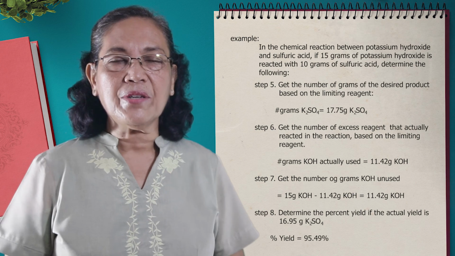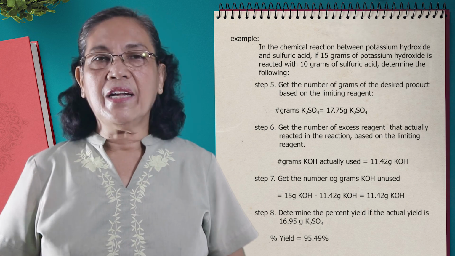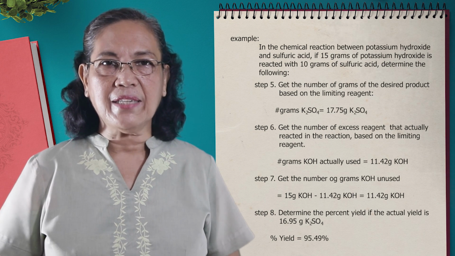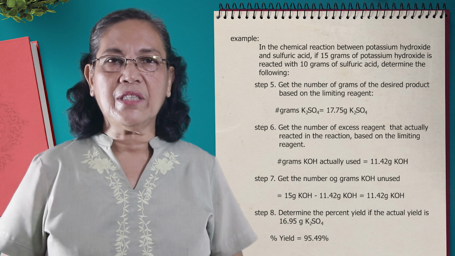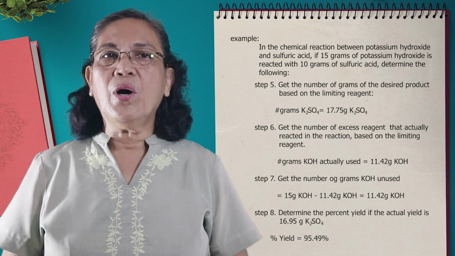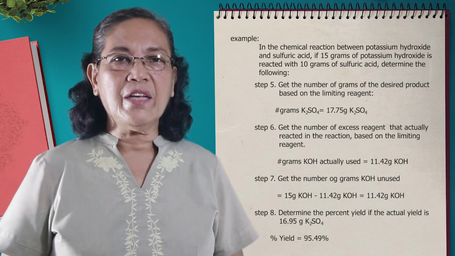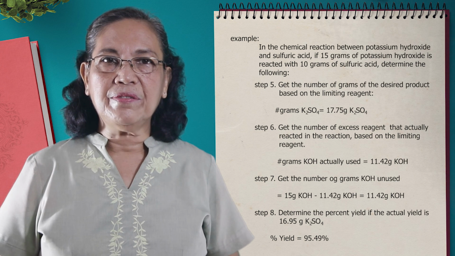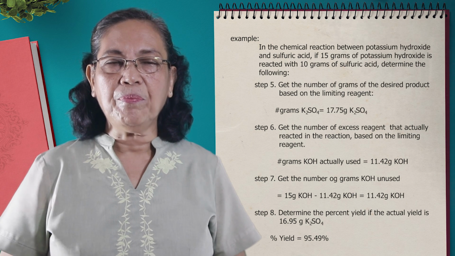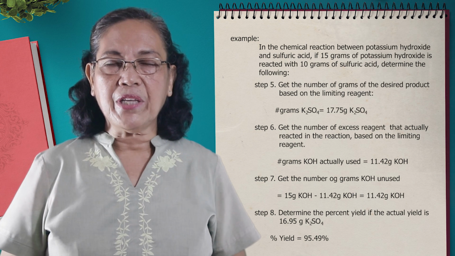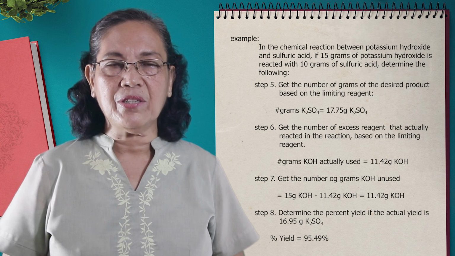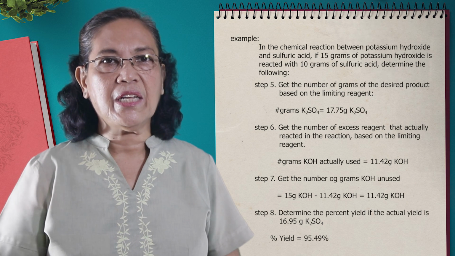Now, we are also asked to get the number of grams of the excess reagent actually reacting. In getting the excess reagent actually reacting, again, this has to be based on the limiting reagent. Since there is only 0.102 moles of the potassium sulfate which can be formed out of the limiting reagent, which is sulfuric acid, we use that amount, 0.102 of the potassium sulfate, then multiply this by the relation that you have established between the mole and the gram above.